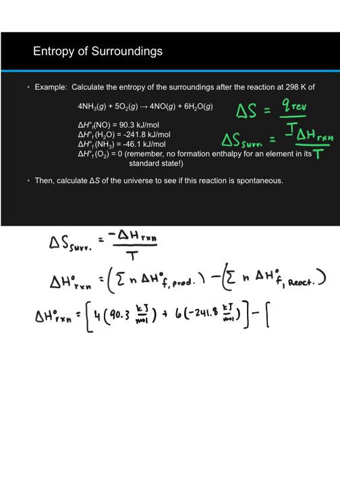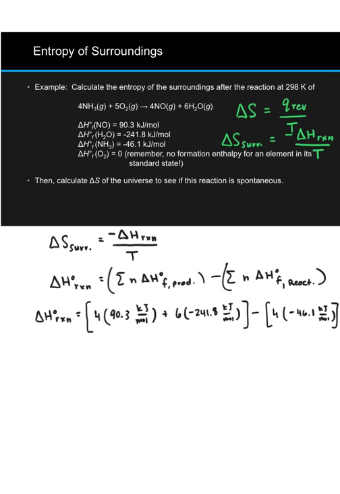For our reactants, we have a coefficient of ammonia of 4 and an enthalpy of formation of negative 46.1. Because oxygen is an element in its standard state, there is no enthalpy of formation because it wouldn't make sense to come up with a chemical reaction that forms O2. It's already an element in its standard state.